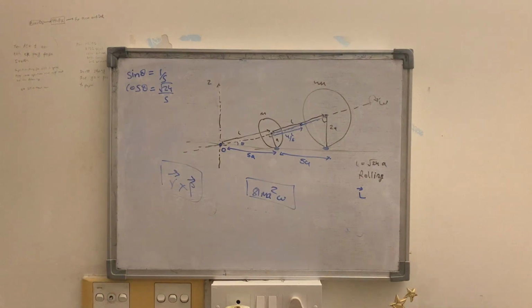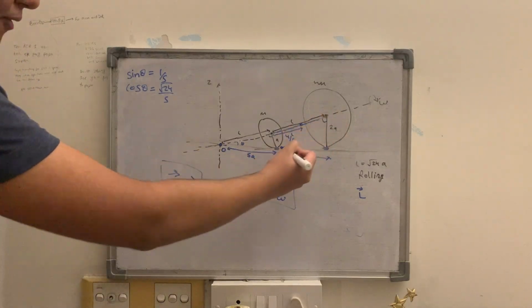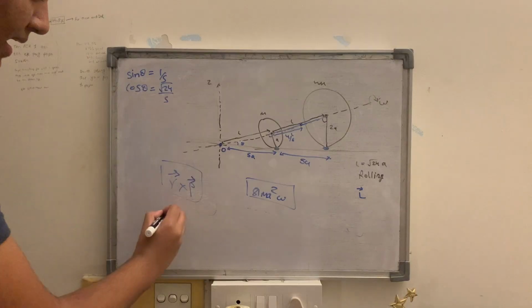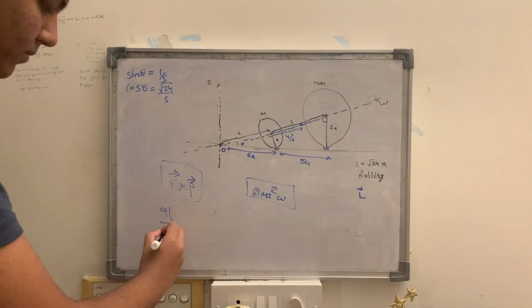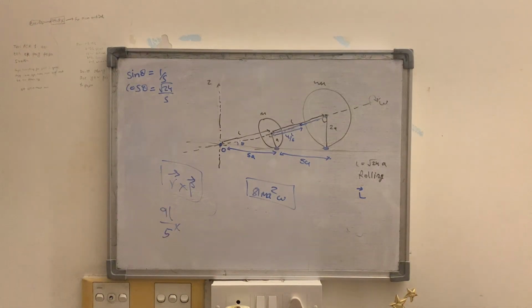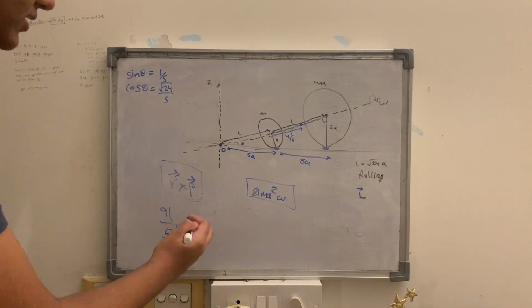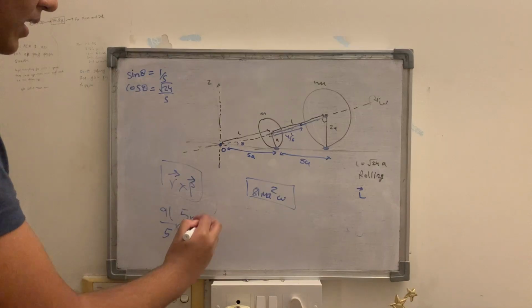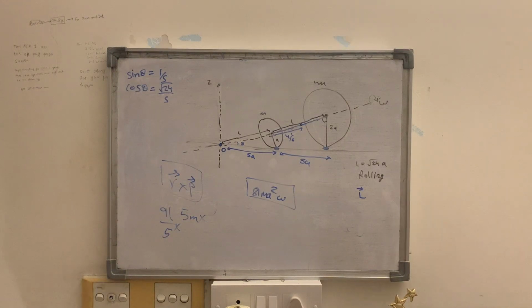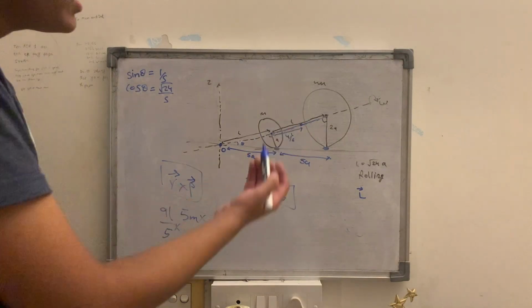Now R is 9L by 5, that is 4L by 5 plus L, cross P. P is mass into velocity. Mass is given to be 5m. Now we just have to find the velocity of this point mass or the center of mass.